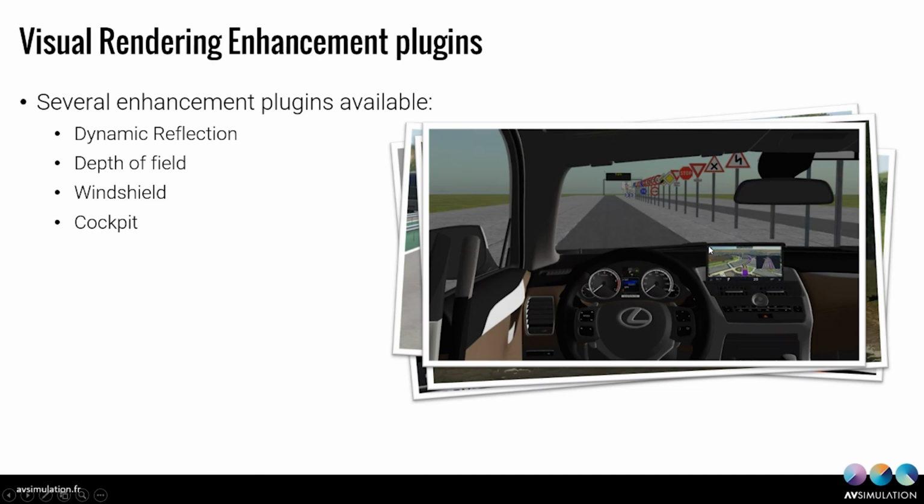We can also configure the different screens here. We can display videos on these screens in order to get a video feed from the actual system that will be running in this cockpit. Everything is possible with this cockpit.